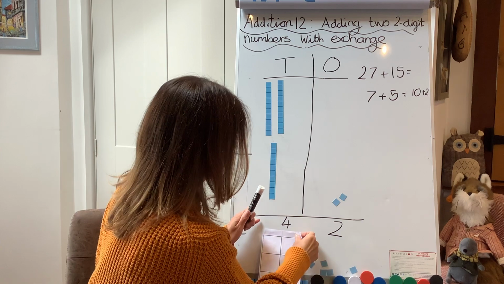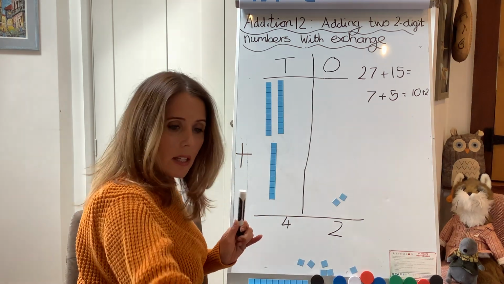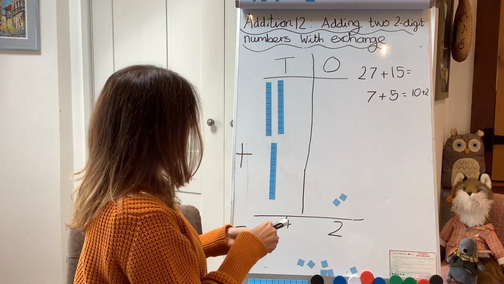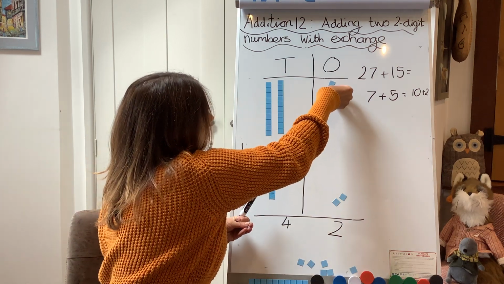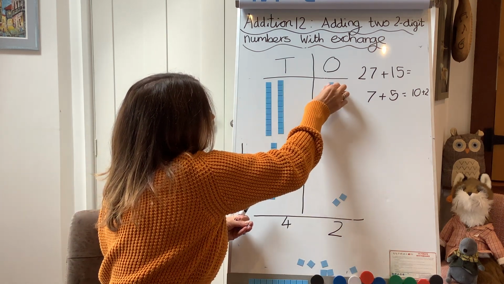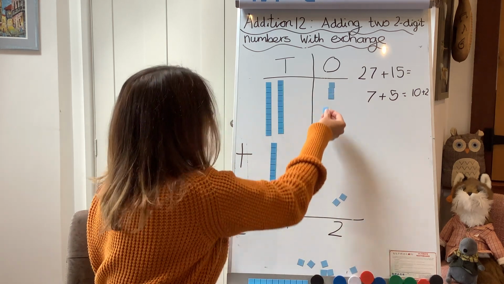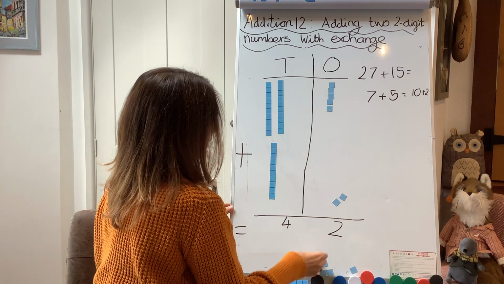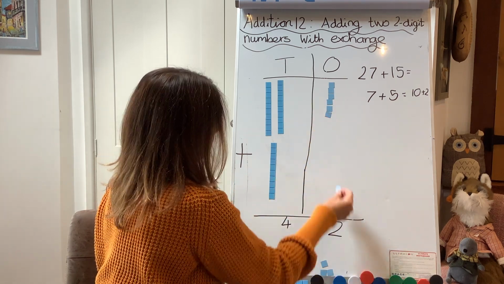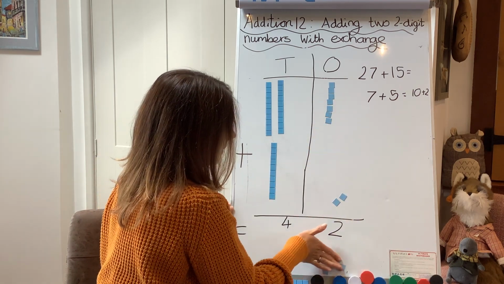Another way of showing this is you can use your 7 that we had, and we're adding on 5.